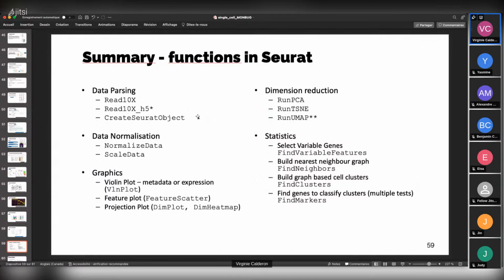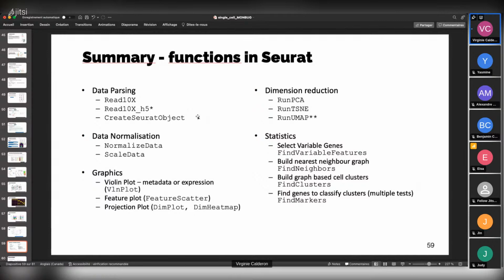It can be from the 3 files I told you, all the matrices, or it can be from the H5 files. So it will allow you to import the results and then to create the Seurat object. I will detail this specific object after. For the normalization, 2 functions are available: NormalizeData and ScaleData.